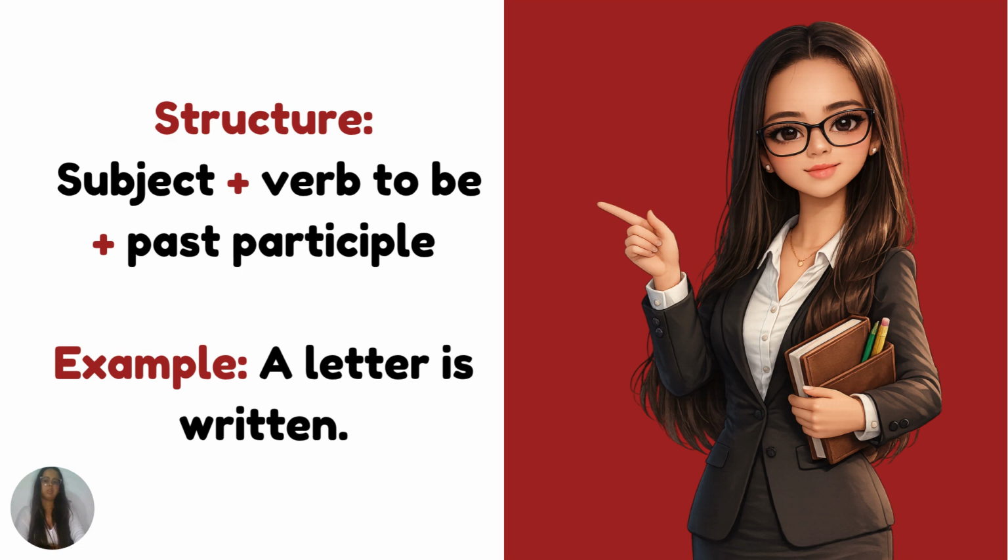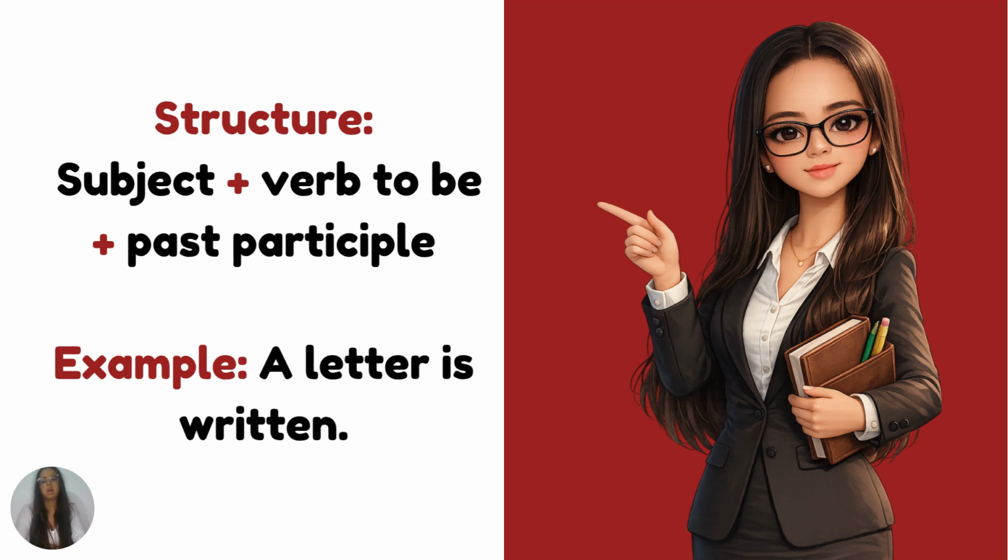It is very important to use the correct form of the verb to be depending on the tense. For example, in the present we use is or are, and in the past we use was or were. The past participle is the third form of verbs like written, sold, or made.